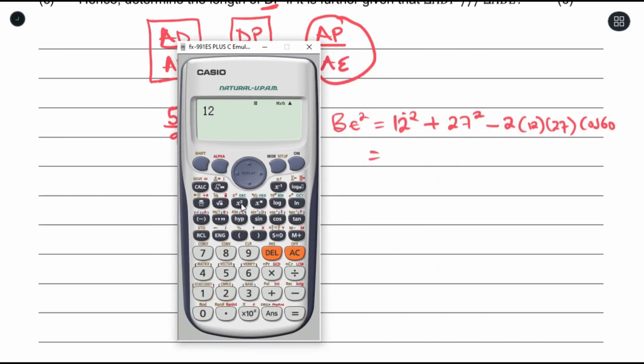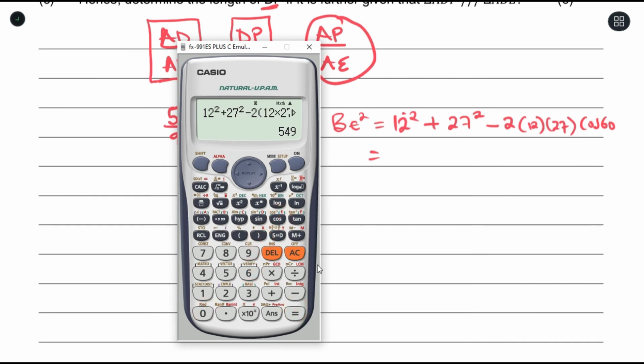So this is 12 squared plus 27 squared minus 2 open bracket 12 times 27 close the bracket times cos 60.